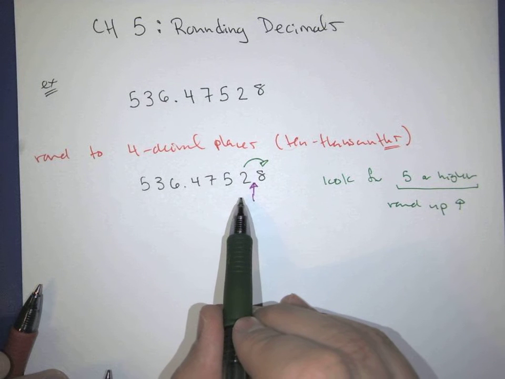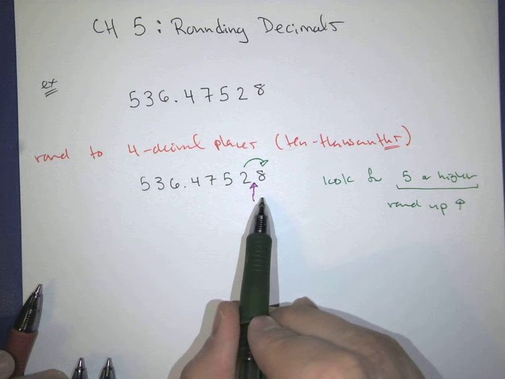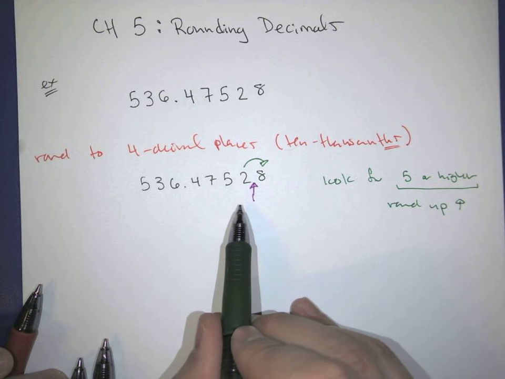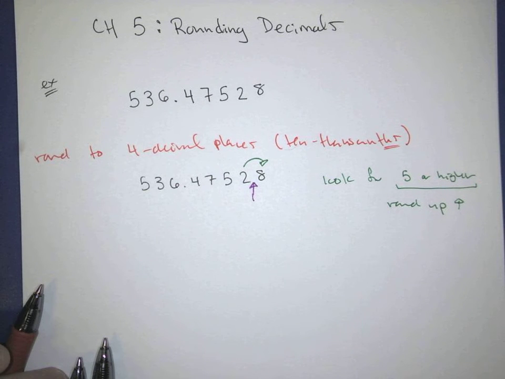The idea here is that if you've hit a 5 or higher in the digit one past where you are, you're more than halfway to the next digit. Think of this in terms of rounding a score on a quiz, or rounding a final grade in class, right? If a 90% is an A- and an 89% is a B+, which it is in our class, what do you do with somebody who gets an 89.5 or an 89.6 or an 89.7?